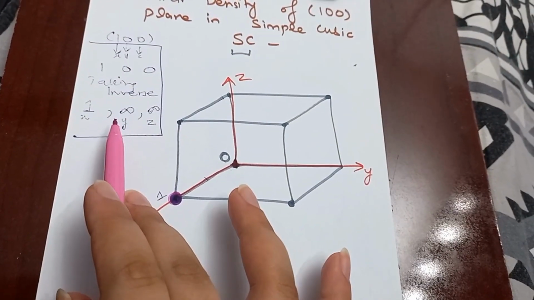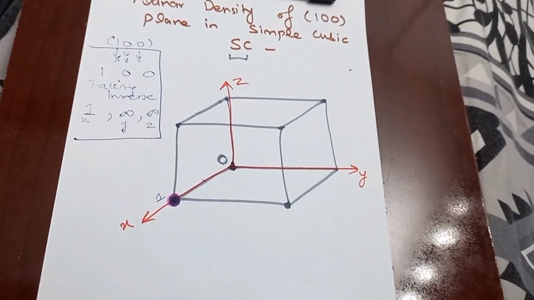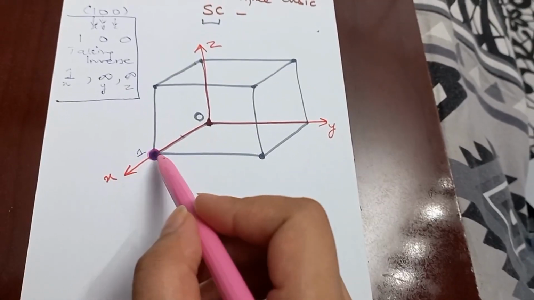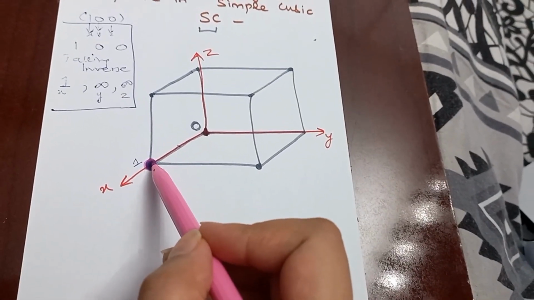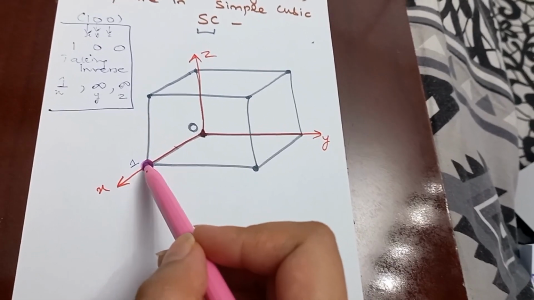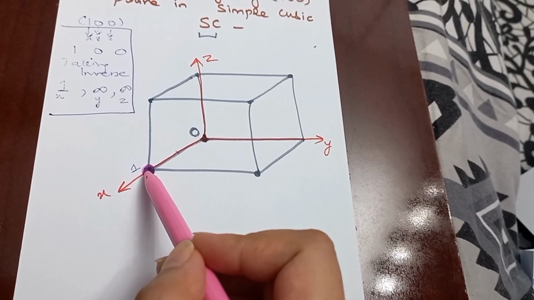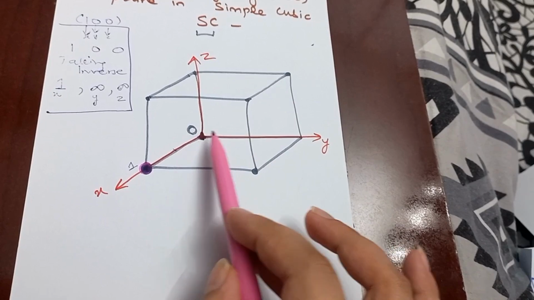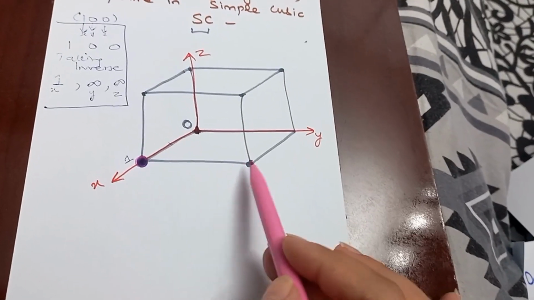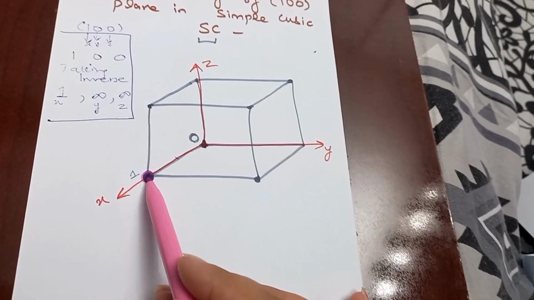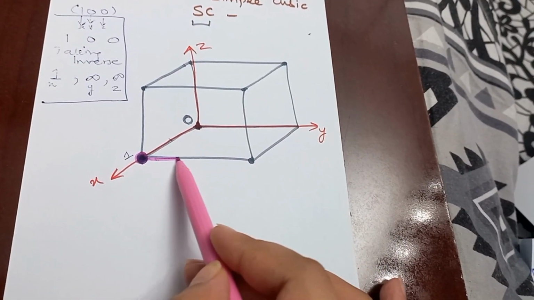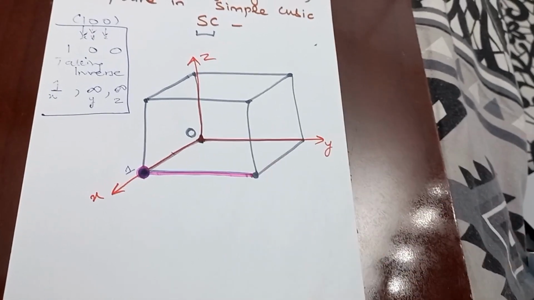Since y-intercept is infinity, we draw a parallel line from this point, because this is the only point that we know about the plane, parallel to the y-axis. This is the y direction, this is the y direction, and this is the y direction as well. From this point, which is a point on the plane, we'll draw a parallel line to the y-axis to the other corner of the unit cell. That is how we deal with infinity.